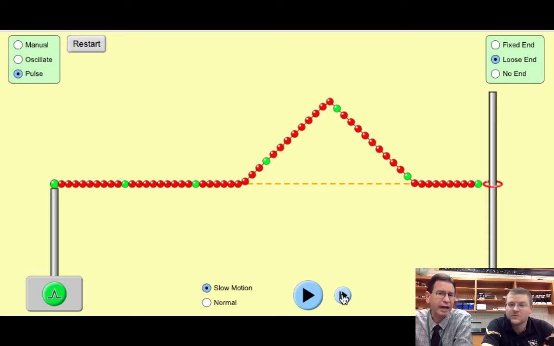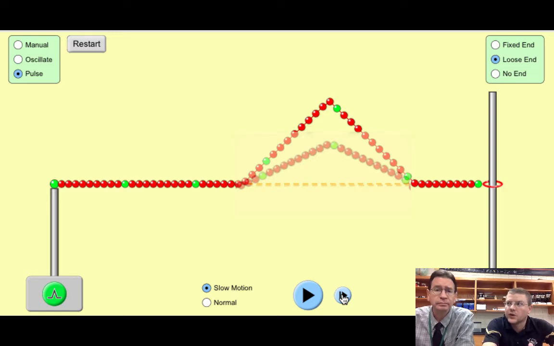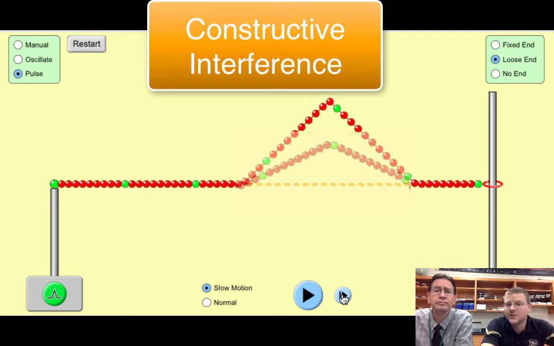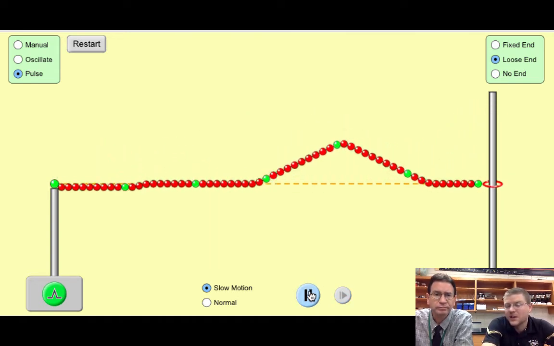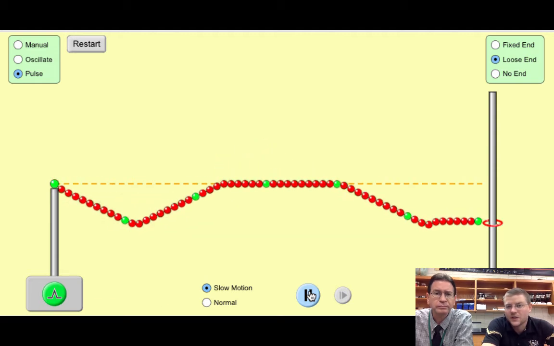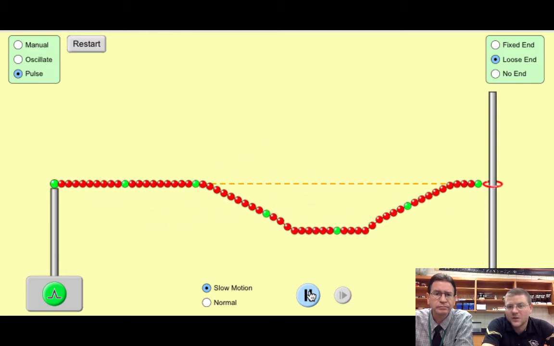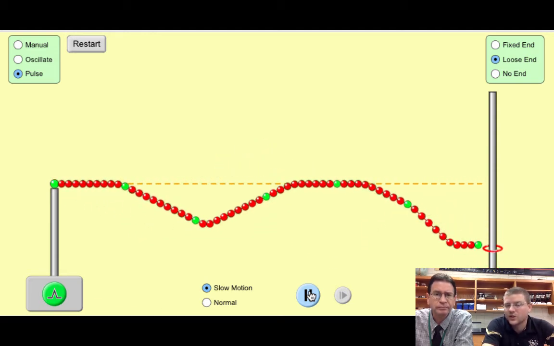So in this case, we're adding the energy together, whereas in the other case, we were subtracting. So we're having constructive interference, where last time we had destructive interference. And once again, once the waves pass through each other, they keep on moving like nothing's ever happened. And you can see two troughs also build up into a larger trough.